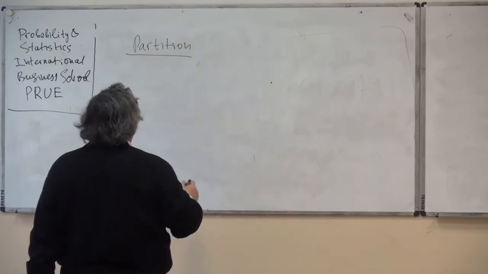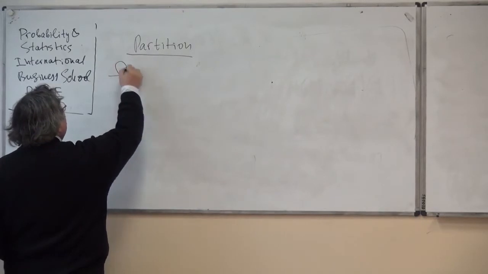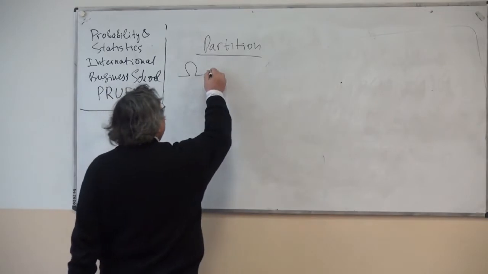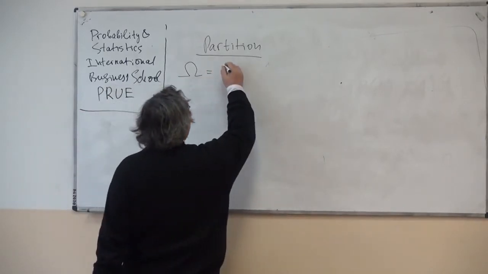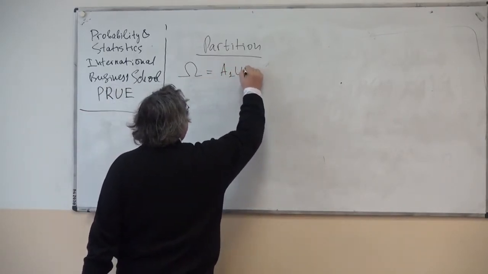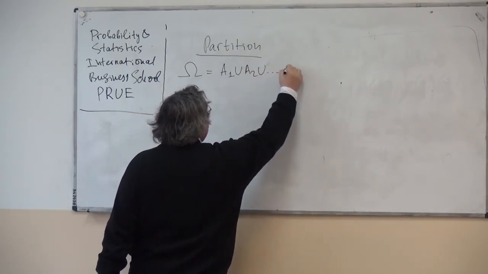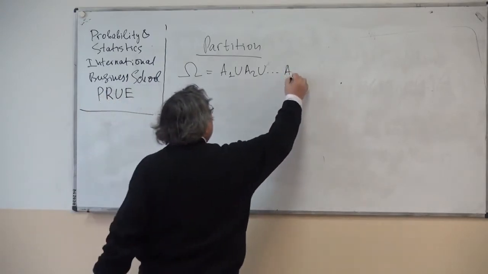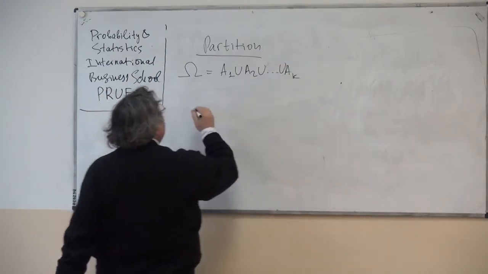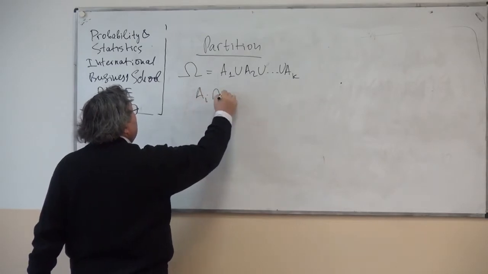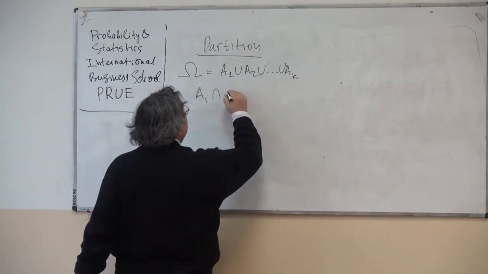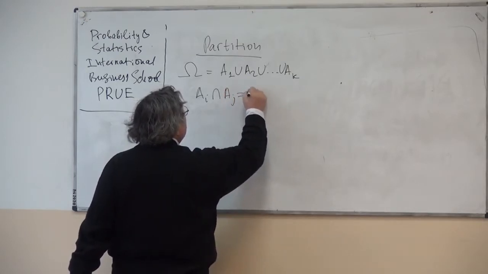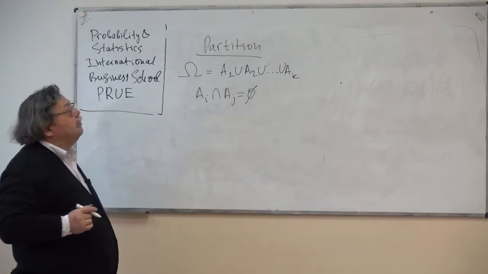Now, we say that we have a partition of the sample space if the sample space omega can be presented as the union of a certain number of events, like this, such that each two of them are mutually exclusive.